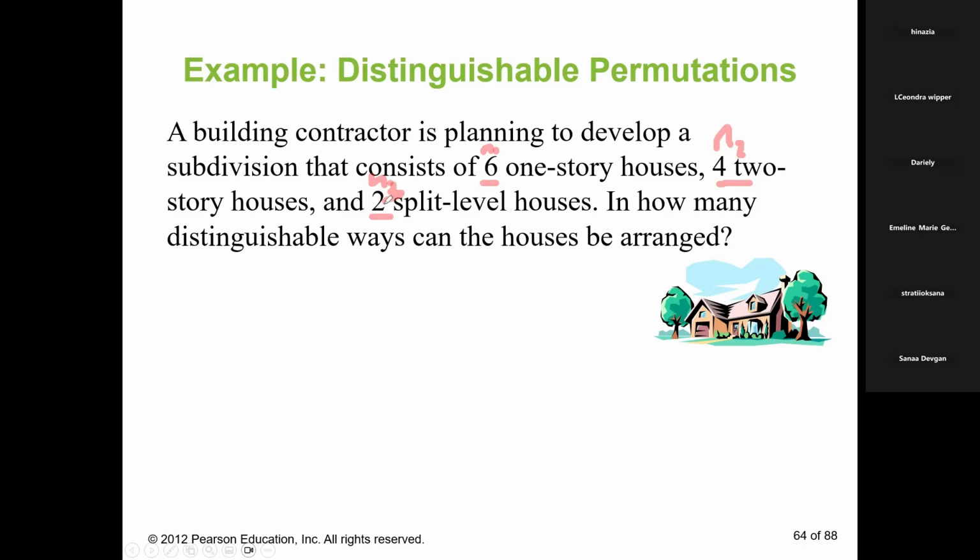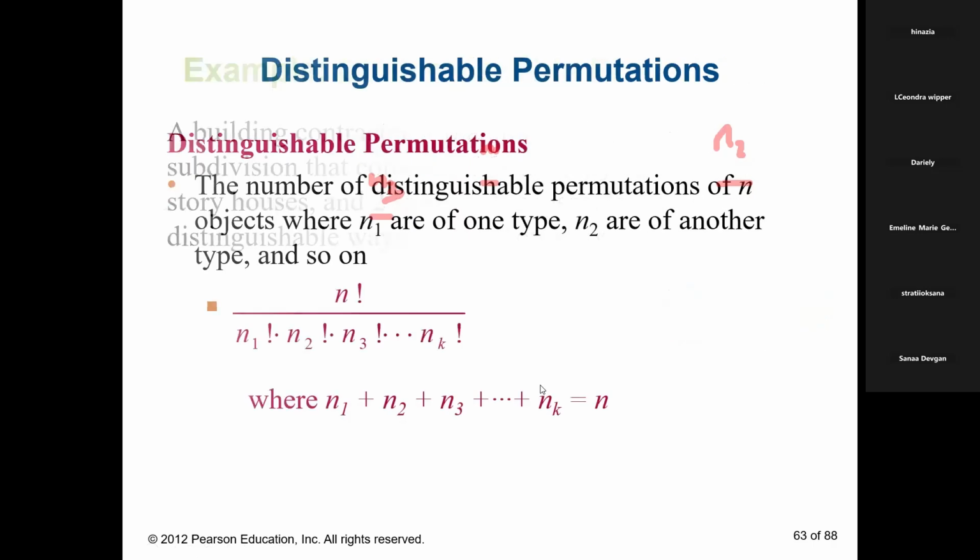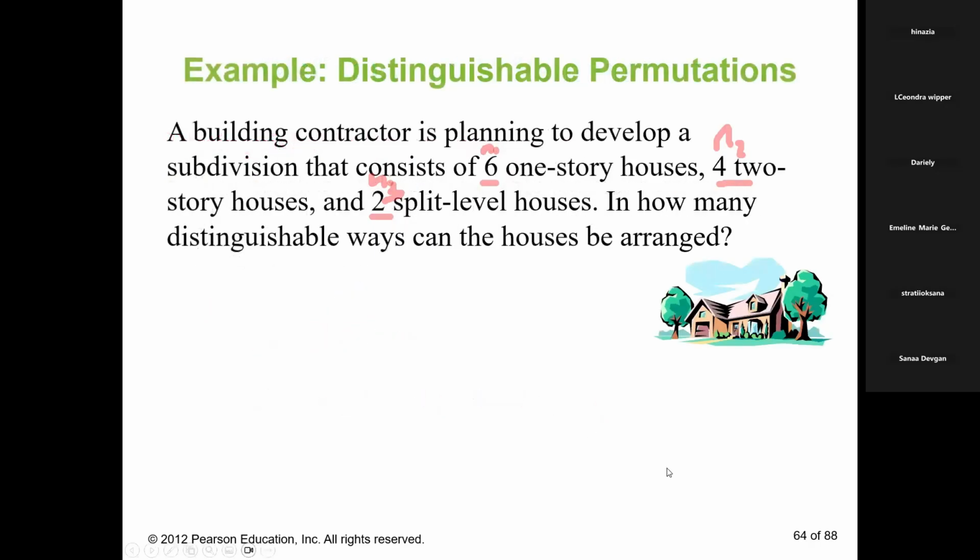N would be the sum of N1, N2, and N3. Let me go back to this thing here. See? N1 plus N2 plus N3 will be N. So now N1 is 6, N2 is 4, N3 is 2.